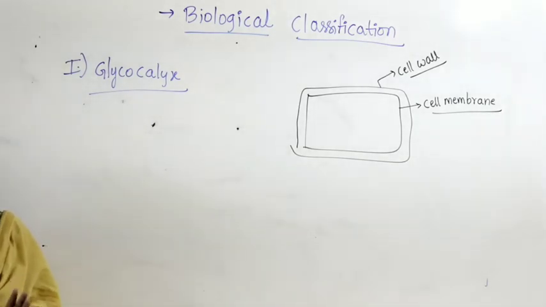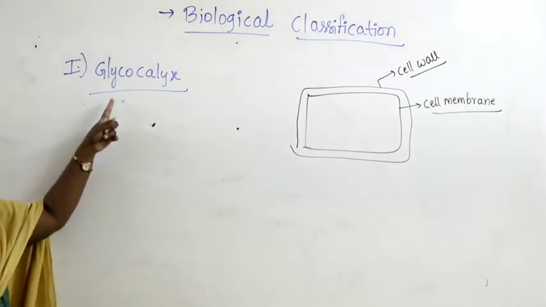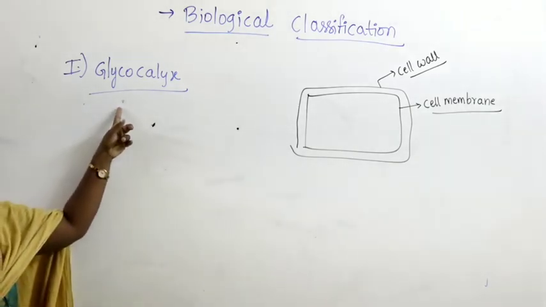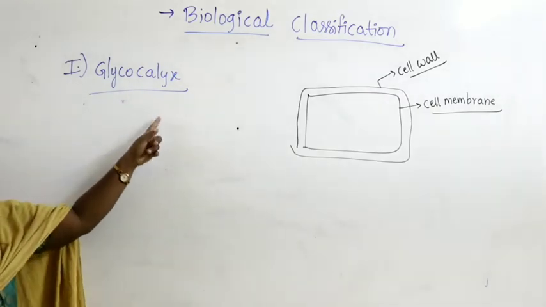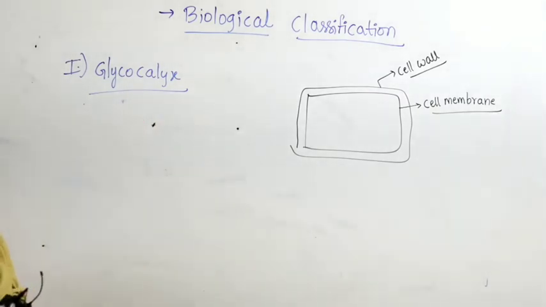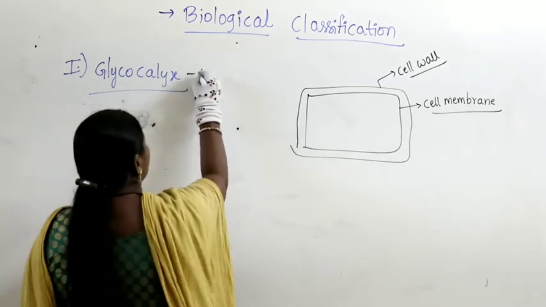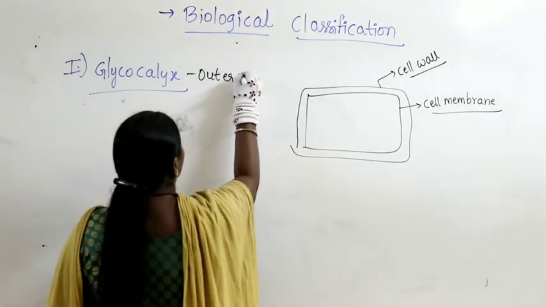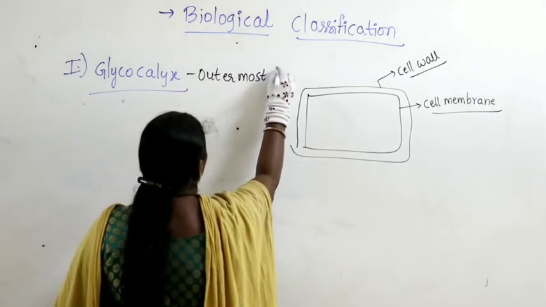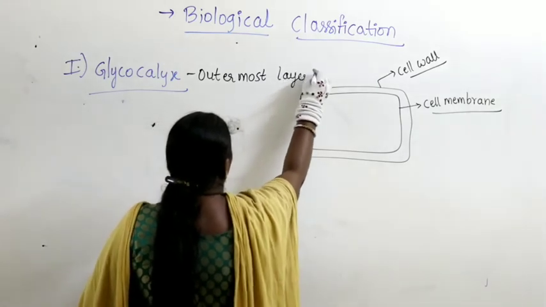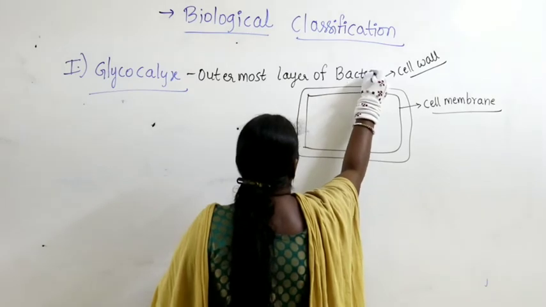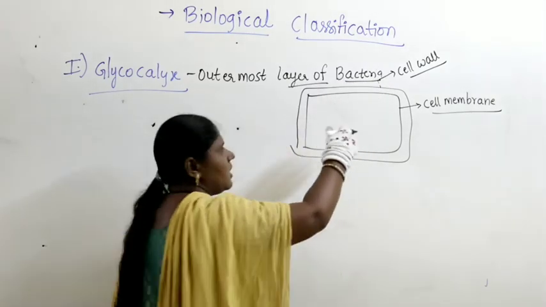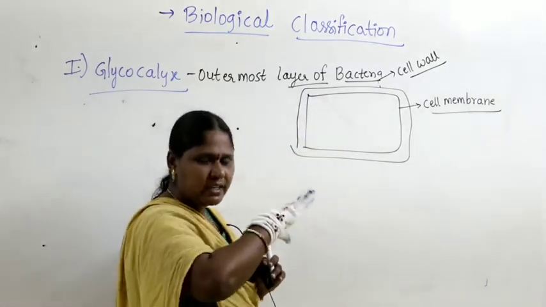So here the outermost layer, what you find in the bacteria itself, is called Glycocalyx. So what is Glycocalyx here? It's nothing but an outermost layer of bacteria. I am just drawing an empty box, but it's not actually empty.